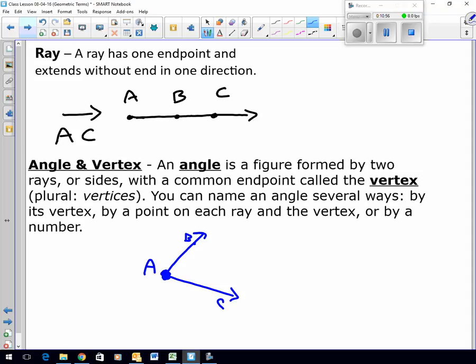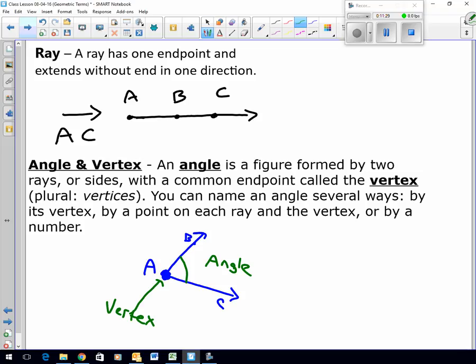So the entire, check it out, guys, what's between the rays is what we're going to call an angle. That's going to be known as the angle. And this is called the vertex.